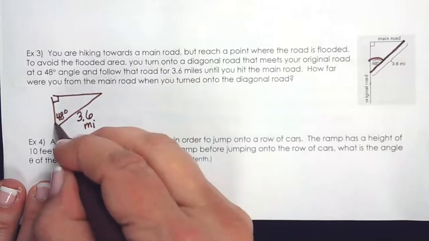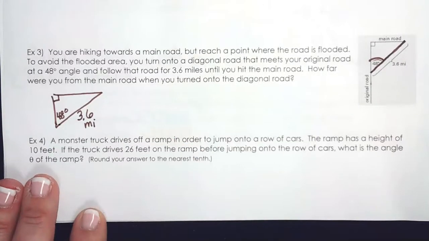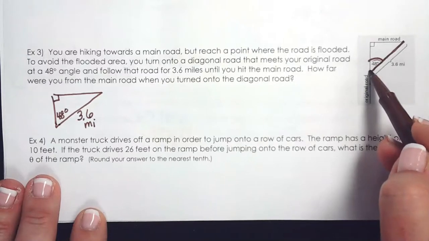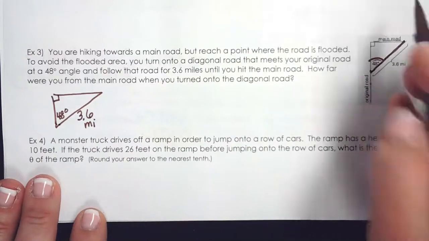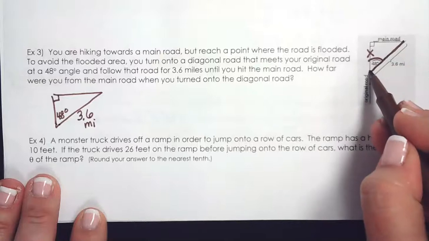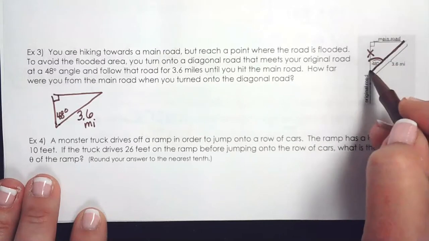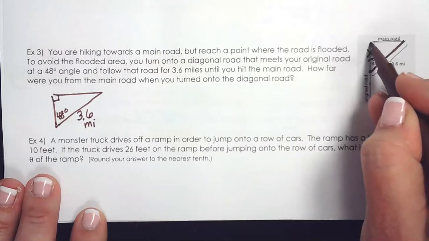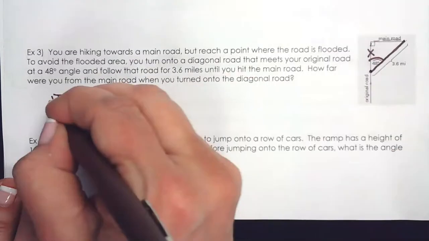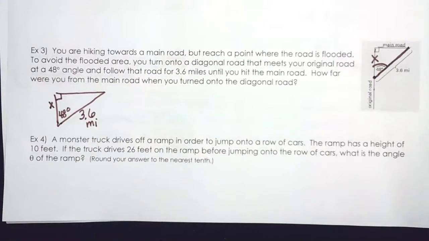And it wants to know how far from the main road we were when we turned. Well, this is the main road. Aren't we looking for this distance? We're just looking for how far we were from the main road when we turned. And instead of solving the whole triangle, we're just finding one of the sides of the triangle. So let's take a look at that.